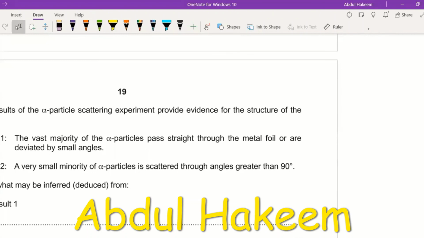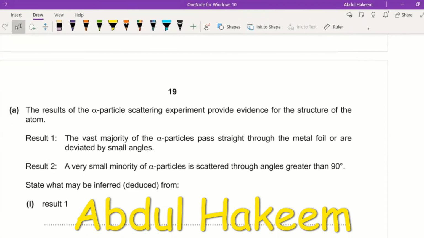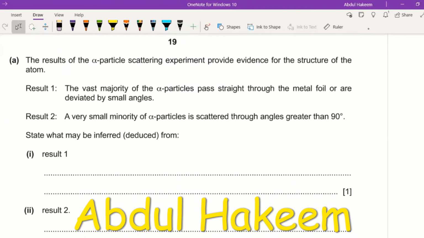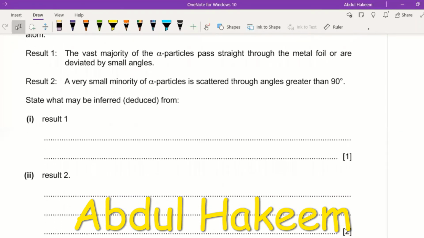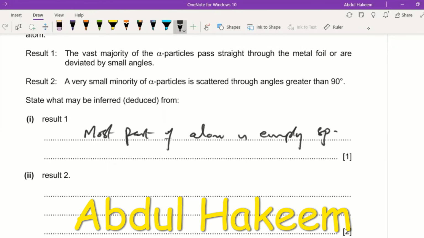The question is, the results of the alpha particle scattering experiment provide evidence for the structure of the atom. Result 1, the vast majority of the alpha particles pass straight through the metal foil or are deviated by a small angle. Result 2, a very small number of alpha particles are scattered through an angle of 90°. State what may be inferred or deduced from this. First, most part of the atom is empty space.